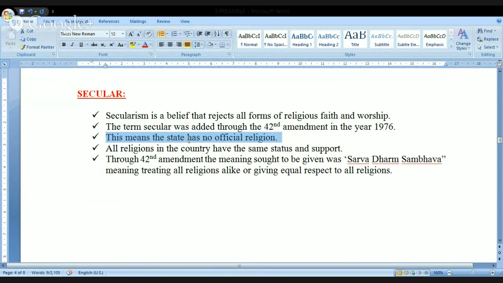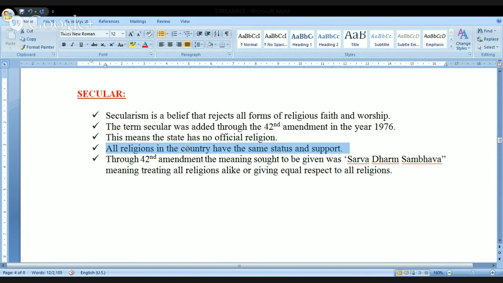Kindly see here, since the beginning there was no official religion in India, starting from 1950. But in order to make it more comprehensive and more meaningful, the Indira Gandhi government added the word secular, only to make it very sure that the state does not have any official religion. Next one. All religions in the country have the same status and support.